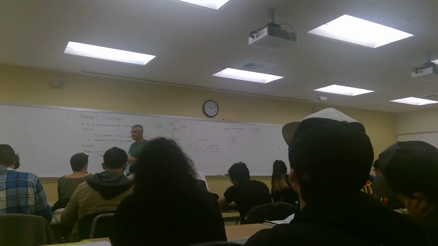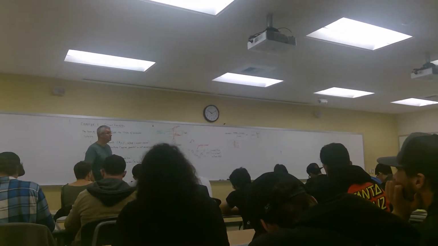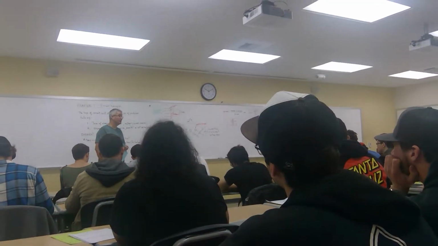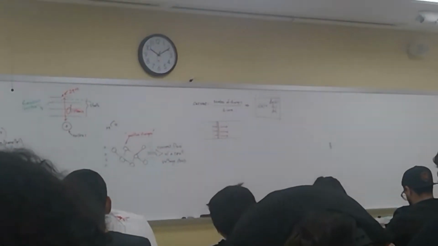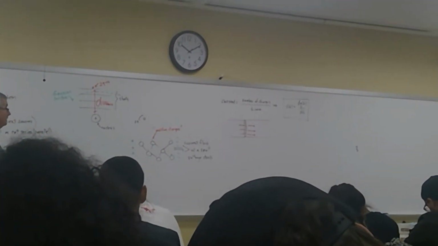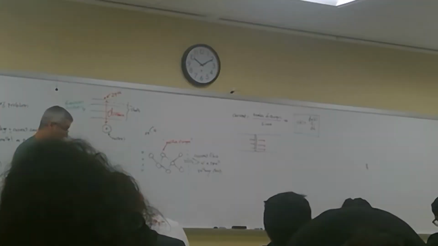It's common practice in circuits to use the lowercase i to define current. Capital I's are typically reserved for phasor circuits, and that represents the amplitude of whatever you're looking at, like the current.